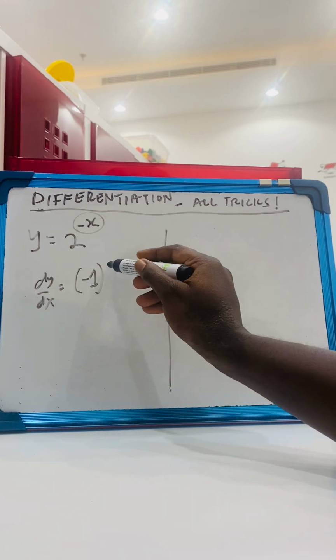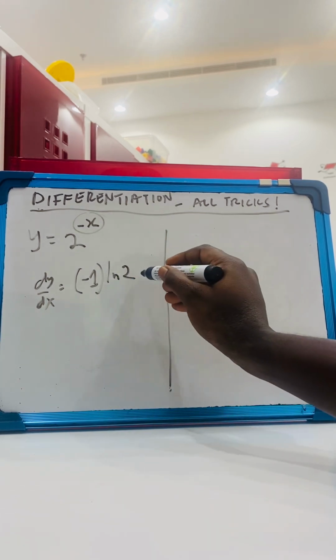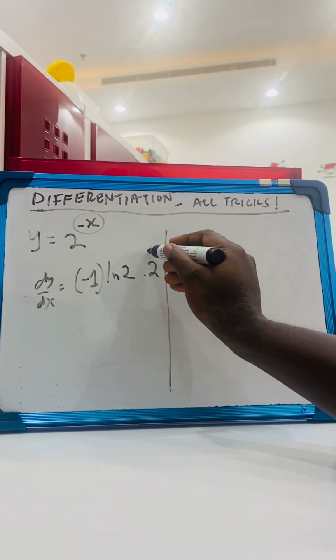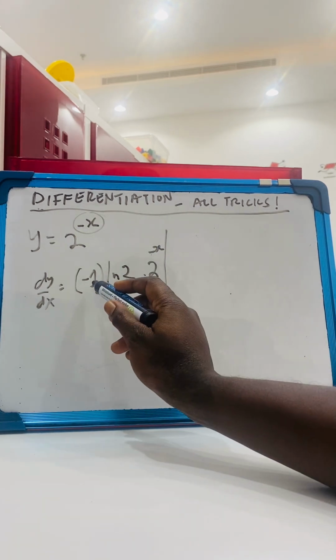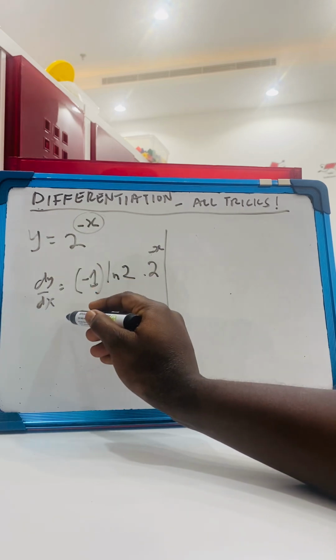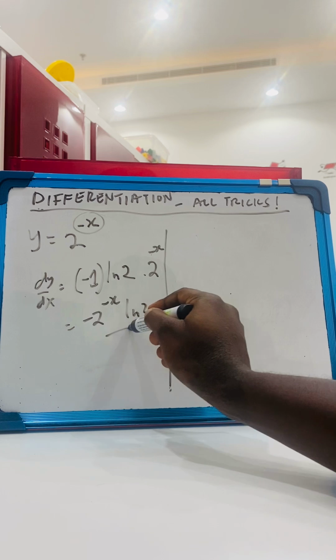Put log of the base, ln 2, and keep the function 2 to the negative x. Can I simplify? Yes, I can do negative 1. For this, I can just write negative 2 to the negative x, then ln of 2.